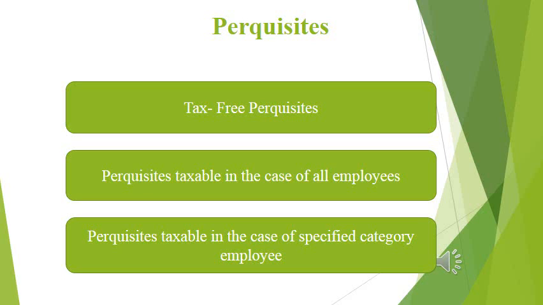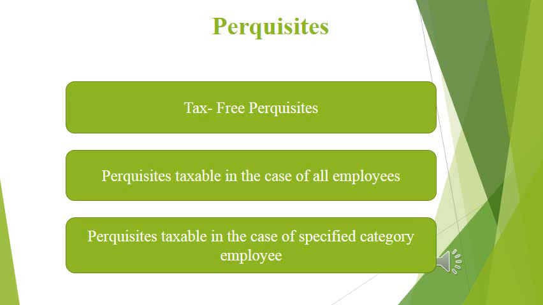Clear? The next one, that is perquisites taxable in the case of all employees. In some situations, perquisites are taxable for all employees. It is fully taxable. We just discussed the first one, that is tax-free, meaning exempted from tax.